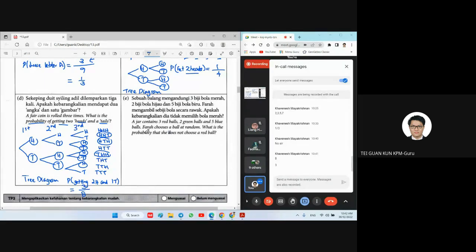Okay, E. A jar contains 3 red balls, 2 green balls, and 5 blue balls. Farah chooses a ball at random. What is the probability that she does not choose a red ball?